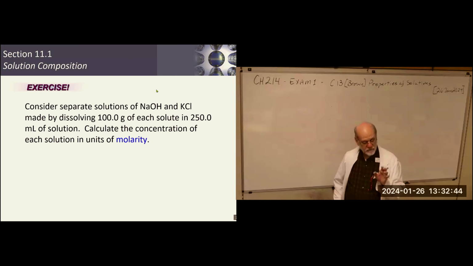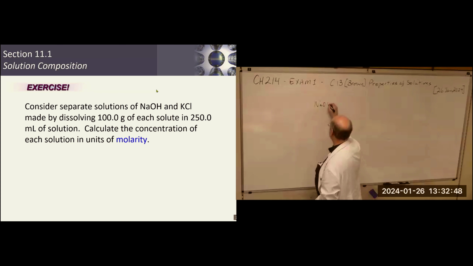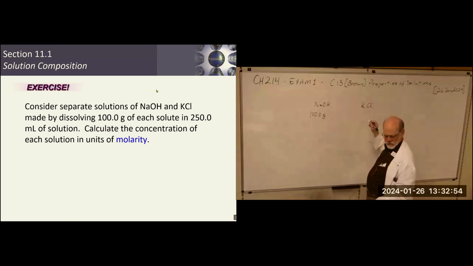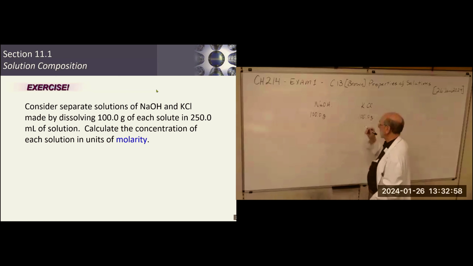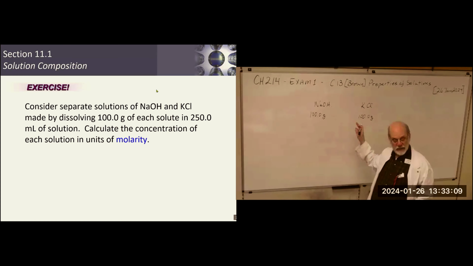If you have 100 grams of sodium hydroxide, and 100 grams of potassium chloride, and you're going to put them both into a final volume of 250 milliliters, then first question is, will they be the same molarity?